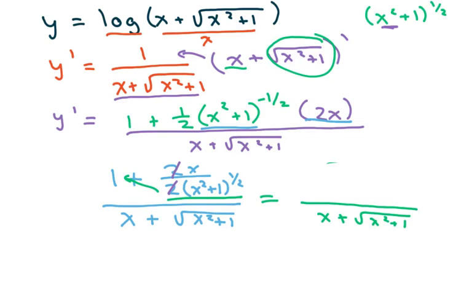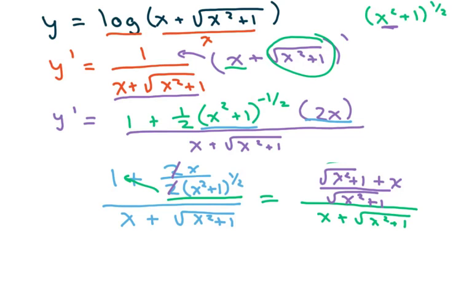So now when I do that, my denominator is going to be the square root of x squared plus 1 because the 2's cancel out here. And when I cross multiply, I'm going to get square root of x squared plus 1 and then just plus x.